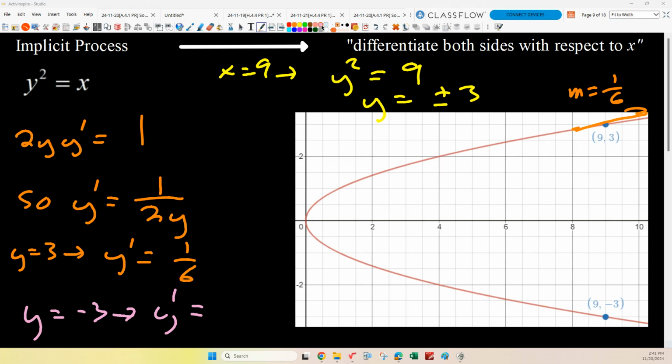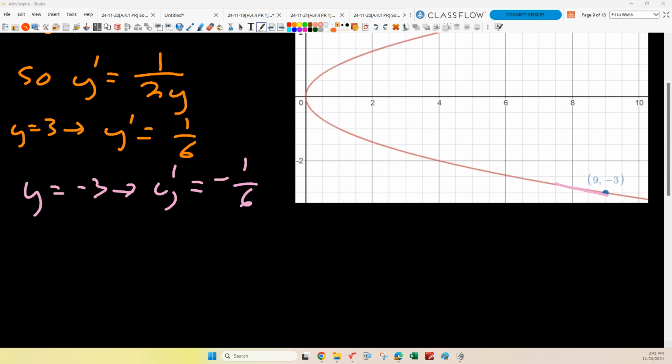Negative 1/6. So now I've got another line down here with a slope of negative 1/6, but it's a piece of cake to come up with that tangent line because now I've got a point and a slope. Again, algebra 1. Look how easy we get those.